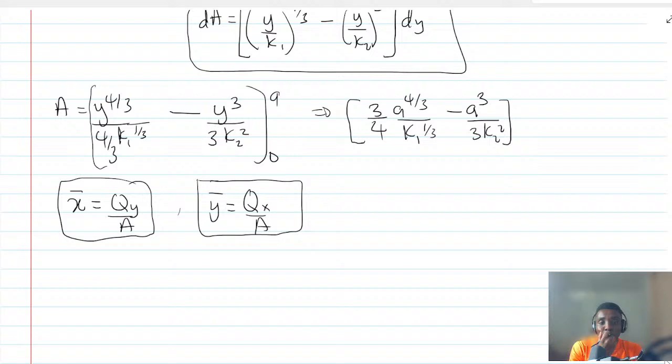So what I want us to do is that I have solved about 20 questions on centroid. And with this question I am dealing with you, I have solved about 5 of them. So try and get the playlist and watch the videos, because I have solved about 20 questions on centroid. And if you have any challenge, you can reach out to me.